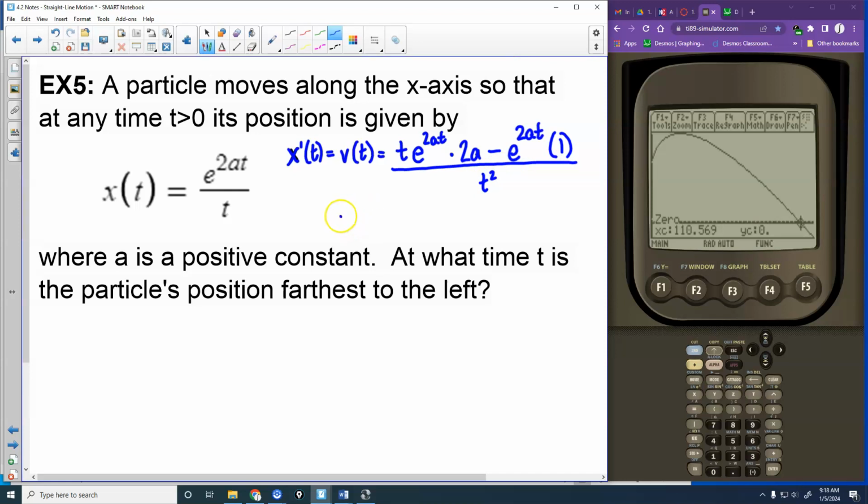So that is going to be, since these both have e to the 2at's, I'm going to factor that out. So I'm going to have e to the 2at times 2at minus 1 all over t squared.